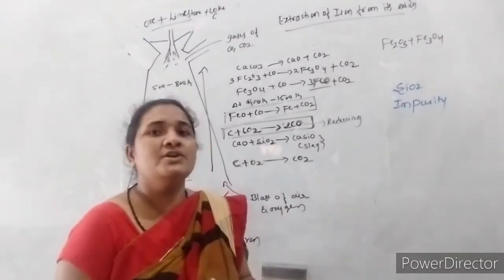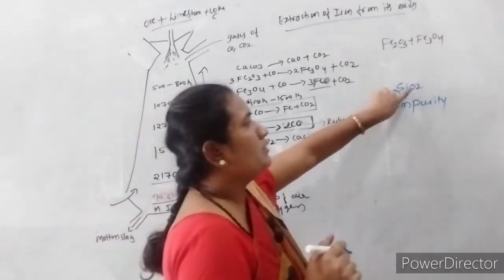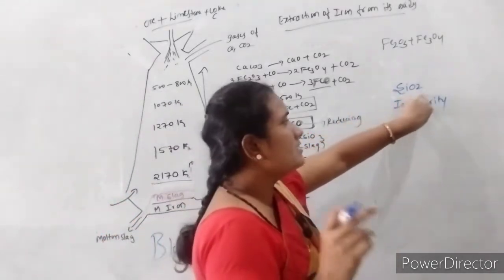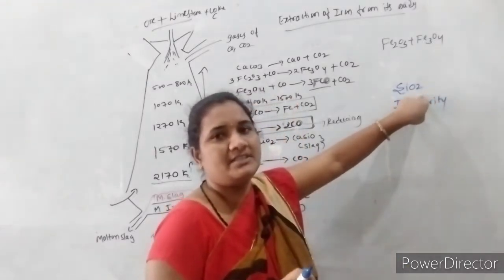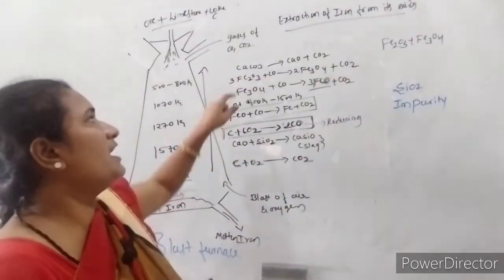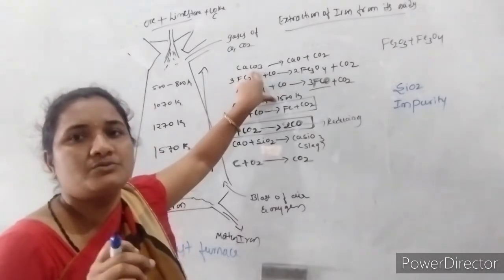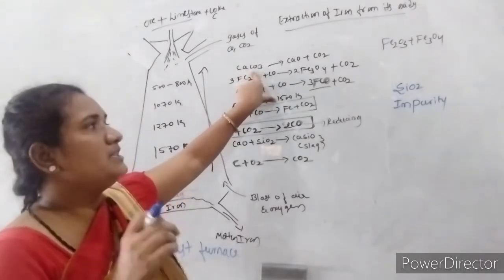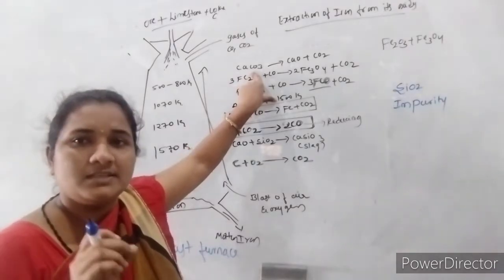The main impurity of hematite ore is the silica. You have to remember SiO2 is the gangue material, or impurity, present in the hematite ore. That is why to remove this we are using the limestone. The role of limestone is to remove the impurity present in the hematite ore, and the impurity is nothing but the silica.